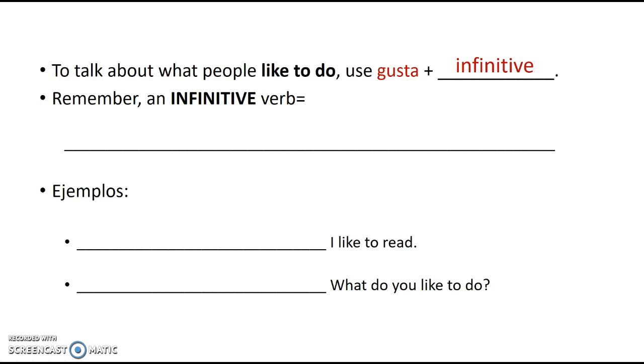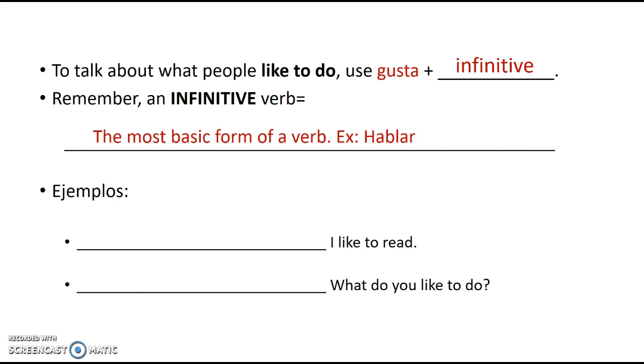Ahora, to talk about what people like to do, necesitan usar gustar con el verbo infinitivo. Just a quick reminder, an infinitive verb is the most basic form of a verb. Hablar, bailar, comer, escribir. Those are all infinitive verbs. And in español, infinitive verbs all end in AR, ER, or IR. Por ejemplo, I like to read.